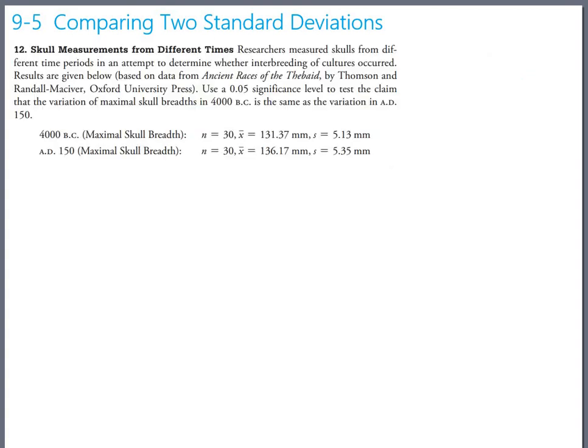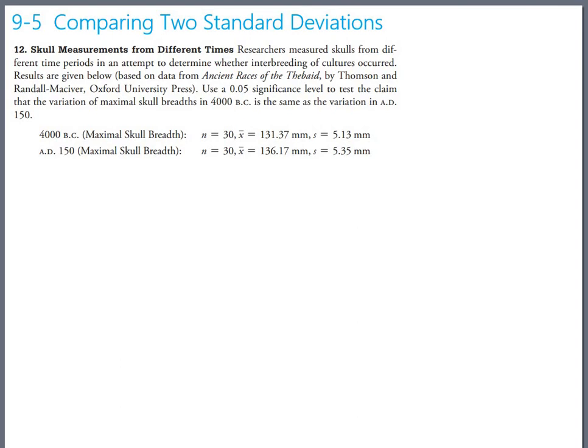So this is number 12 from the homework. This is skulls from 4000 BC and from 150 AD, so a little more than 4,000 years apart. And they want to see if there's a difference in standard deviations between these 2 groups. Well, let's read what they want to see.